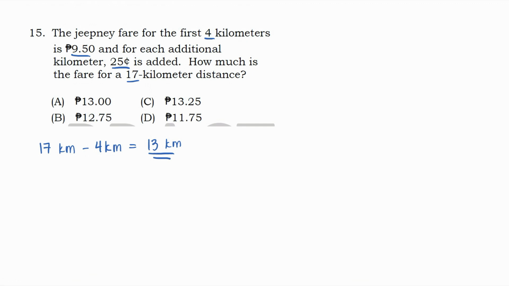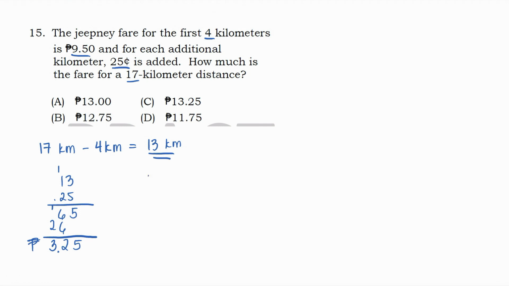Kada additional kilometer daw, yung value nun is 25 cents. So, i-multiply natin by 25 cents. Dapat 0.25 yan, pero later na natin lagyan ng decimal point. So, 5 times 3 is 15, carry 1, 6. Tapos, 2 times 3 is 6. 2 times 1 is 2. So, we have 5, 12, carry 1, and then 3. Tapos, may 2 decimal places ka, diba? Kasi 0.25. So, 3.25 pesos yung additional fare.